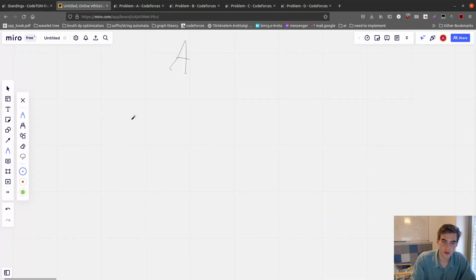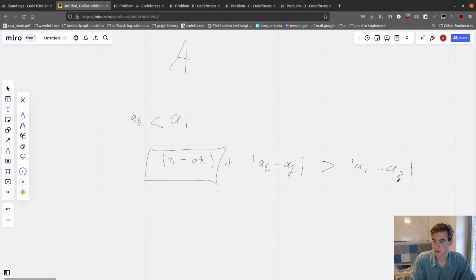We can sort of prove this by looking at the two other cases. If ak is smaller than ai, then ai minus ak plus ak minus aj will definitely be bigger than the absolute difference between ai and aj, because ai minus ak is already bigger than this.